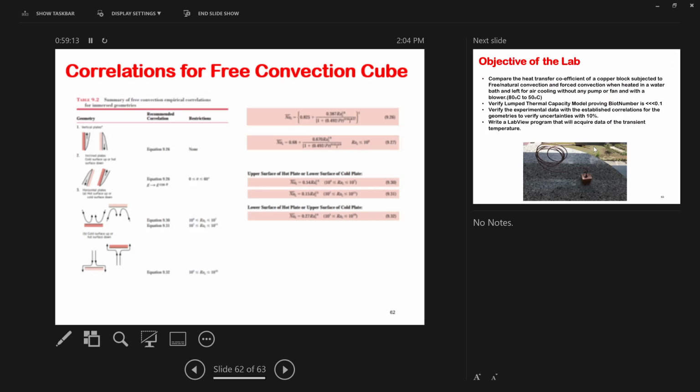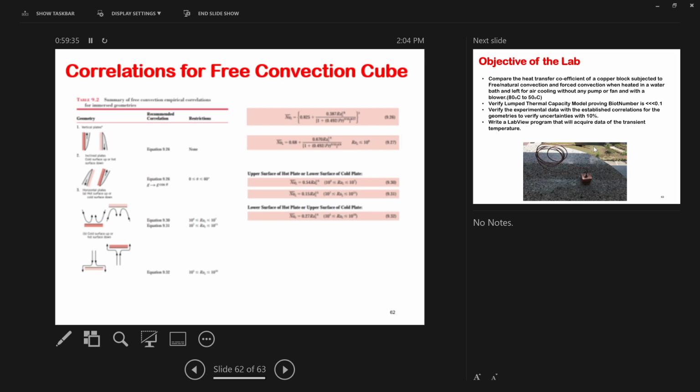But there is another way of calculating the heat transfer coefficient for your specific case, and that is to calculate the Nusselt number using the experimental correlations you will have. We have different correlations for different types of conditions, especially when it comes to natural convection. Your correlations are going to be much different, right?